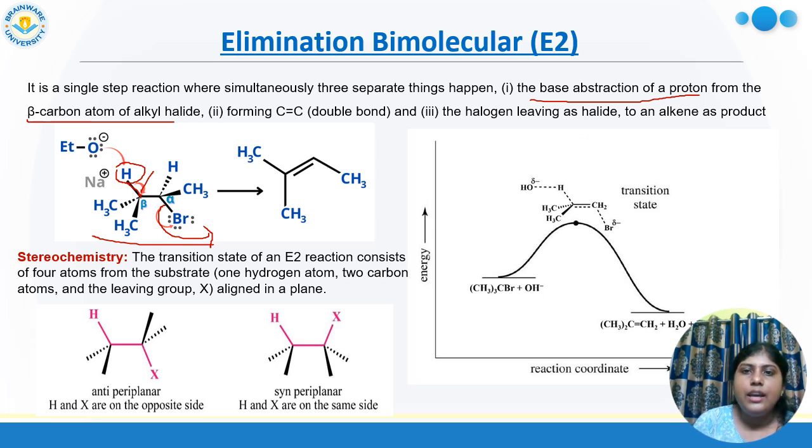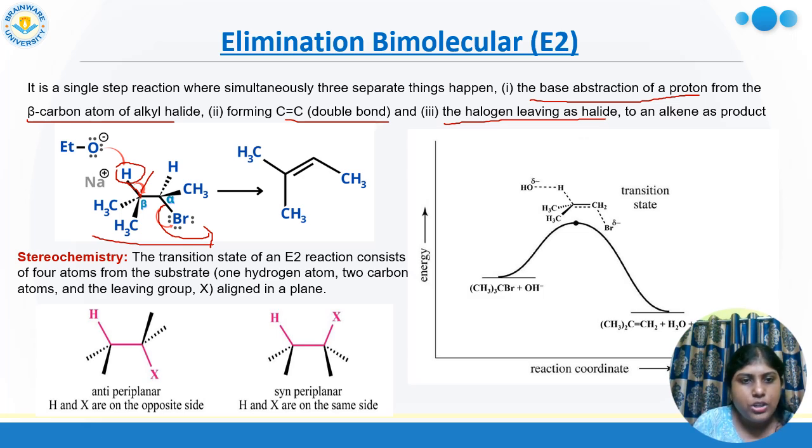The three things happen simultaneously. So number 1 is base abstracting the proton. Number 2 is forming of carbon-carbon double bond, and number 3 is halogen leaving as halide. These three phenomena happen simultaneously. So this reaction is E2 reaction or elimination bimolecular reaction.